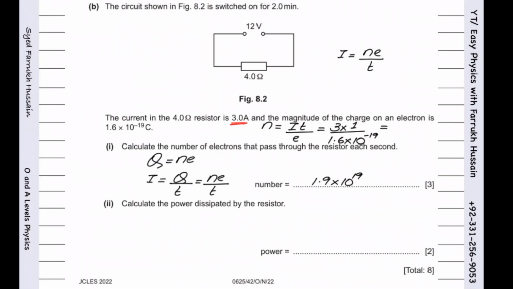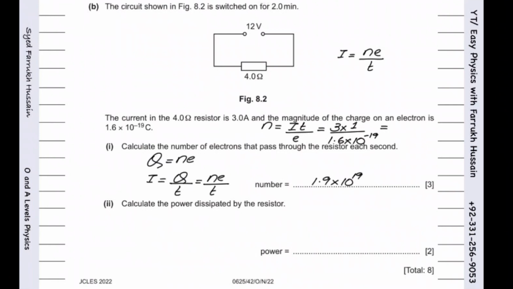Then you have to find the number of electrons passing each second, so you have to take time as 1 second. The 2 minutes is for the next part. You should not use all the information for a single part, because if the question is structured, it may have the data for different parts as well.